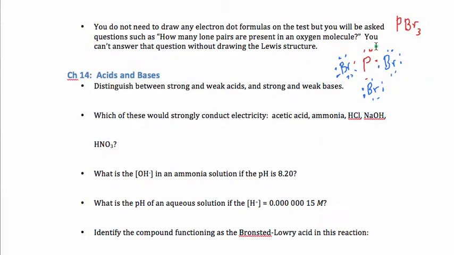So if you were asked shape, you would say there are 4 electron regions around the central atom and 3 bonded atoms, so you would say this is a pyramid. If you were asked the question how many lone pairs are around the central atom, you would say 1.